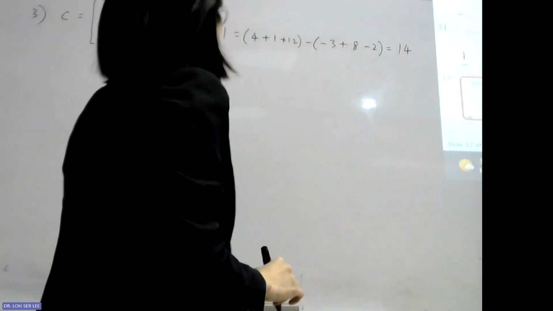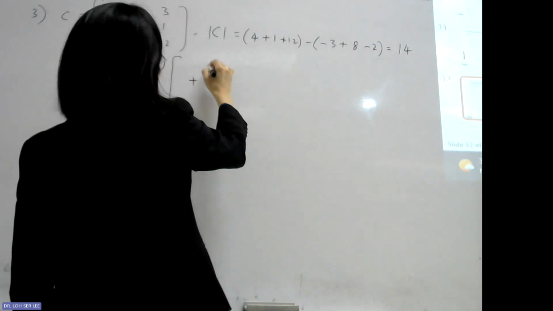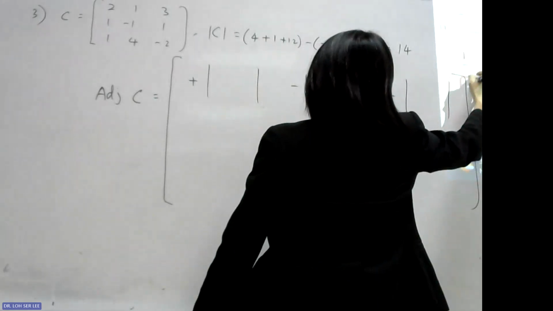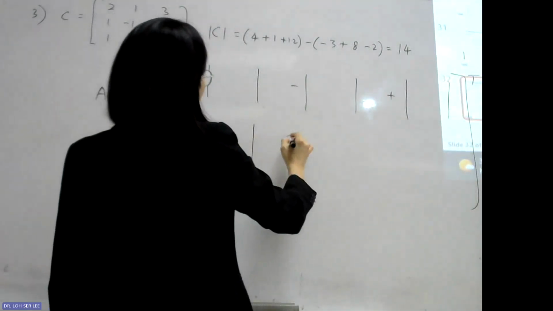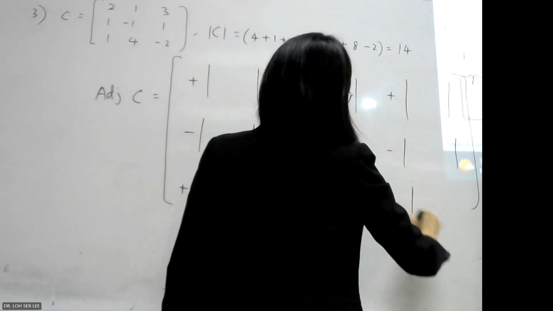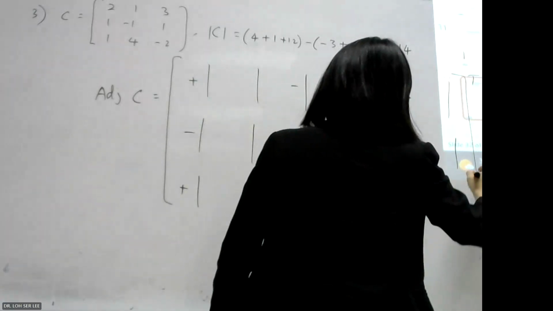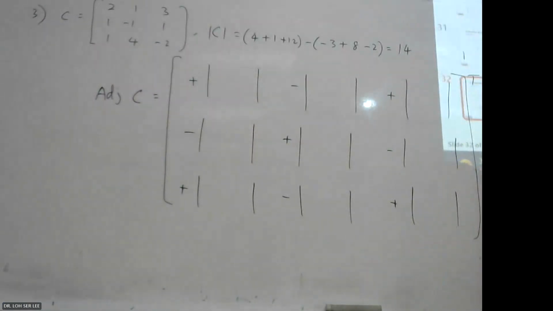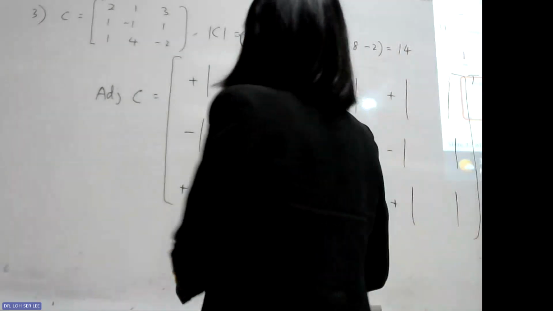You can have a big bracket and do it like this first, in case you forget about the alternating sign. Some students forget to insert the alternating sign. Then only you fill in the values. And do not forget about the transpose.